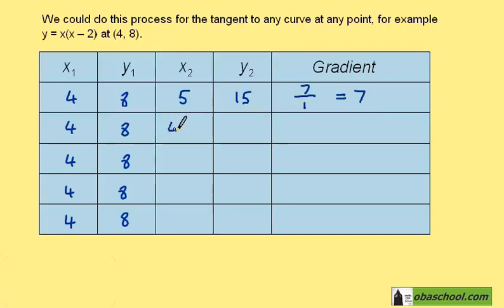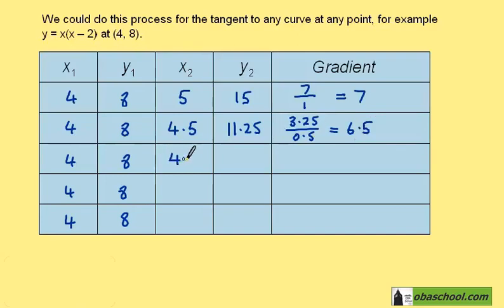But we want a closer point. 4.5, so the y would be 4.5 times 2.5, which is 11.25. The gradient is then 3.25 divided by 0.5, which is 6.5.